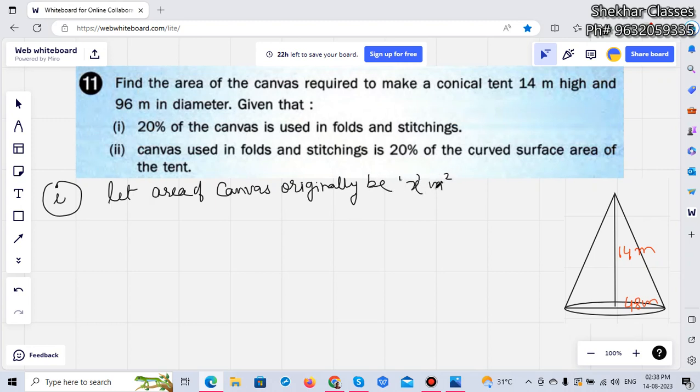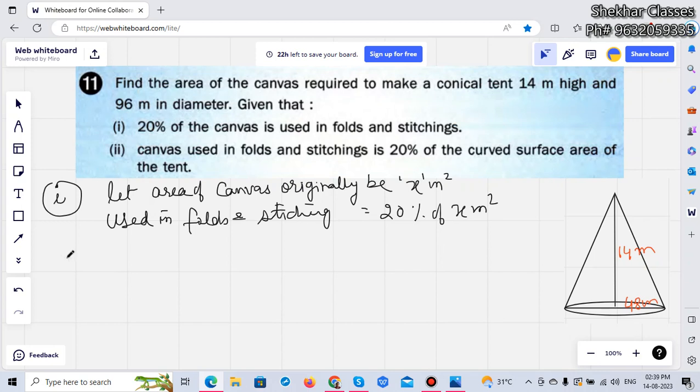Now the canvas used in folds and stitching is how much? 20% of the canvas, which is X meter square.